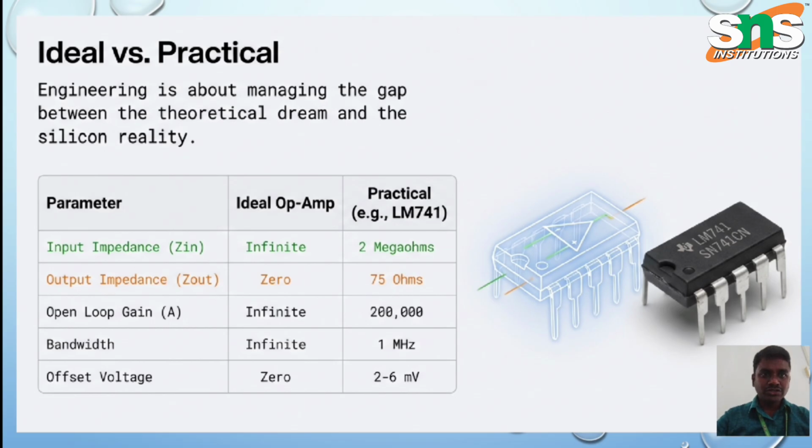Output impedance is 0 for ideal, and 75 ohms for practical. Open loop gain is infinite for ideal and 2 lakhs for practical. Bandwidth is infinite for ideal and 1 megahertz for practical. Offset voltage is 0 for ideal, and 2 to 6 millivolts for practical.